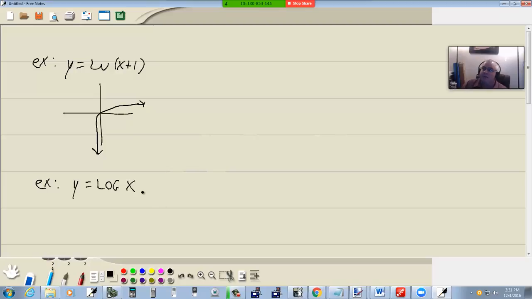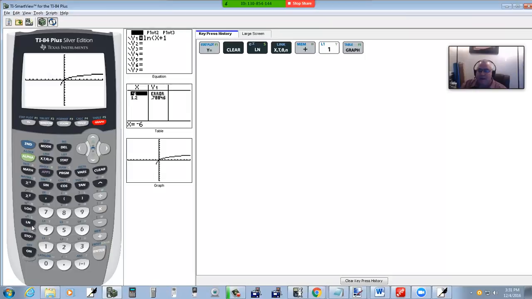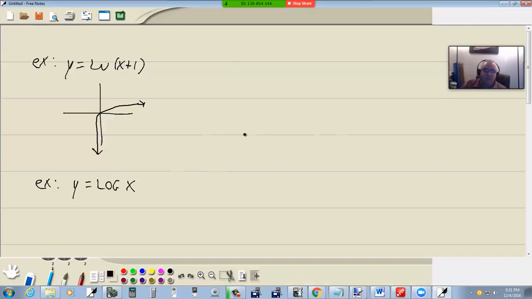But let's say I had y is equal to log x. Still not an issue. I got a log button. Now this ln button here is base e, and this log button, you see right here, this is base 10. So we're covered. But the problem is when you have something that's another base, like base 3.